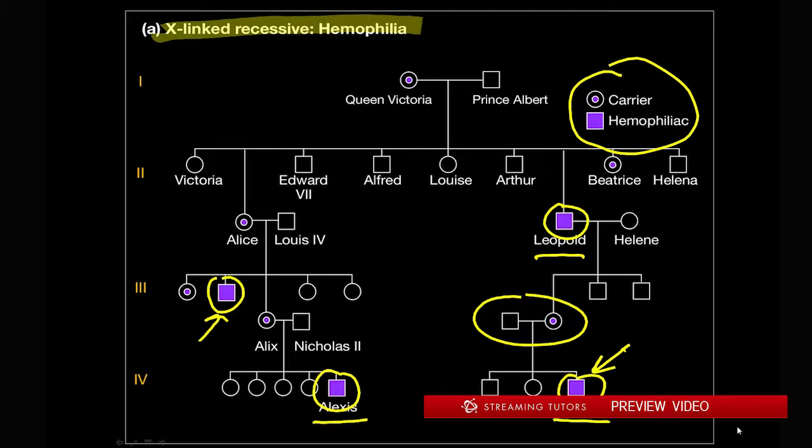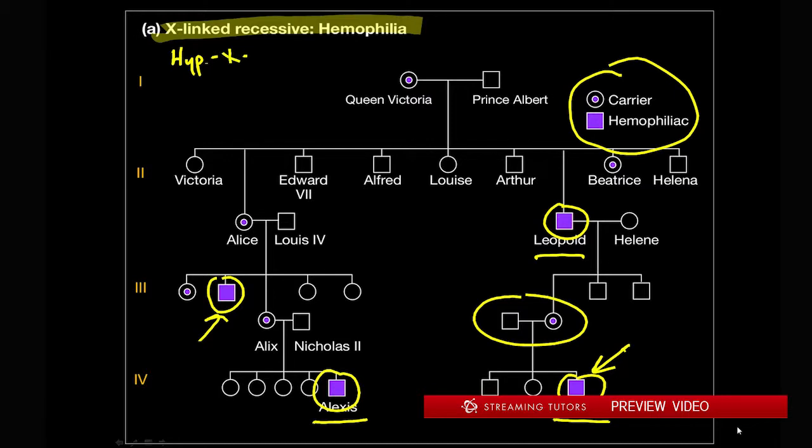One way is to do what we did before and see if we can tell the genotypes of these individuals. Given that it's sex-linked, let's try that first, and then we'll try it as if it was autosomal and see if that works or doesn't work. The way we did it last time is we said, here's a hypothesis.